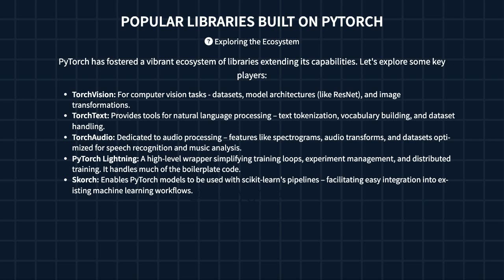For audio enthusiasts, TorchAudio provides specialized tools for working with sound data. PyTorch Lightning really streamlines the training process, handling a lot of the complicated details so you can focus on your model. And finally, skorch lets you seamlessly integrate your PyTorch models into scikit-learn pipelines, super handy if you're already using those.